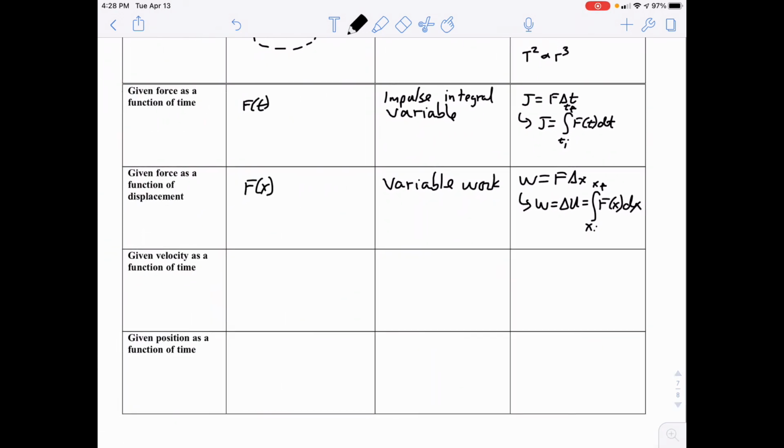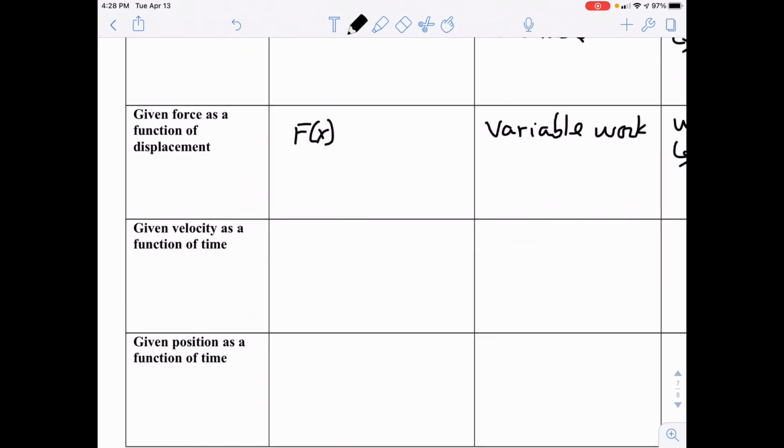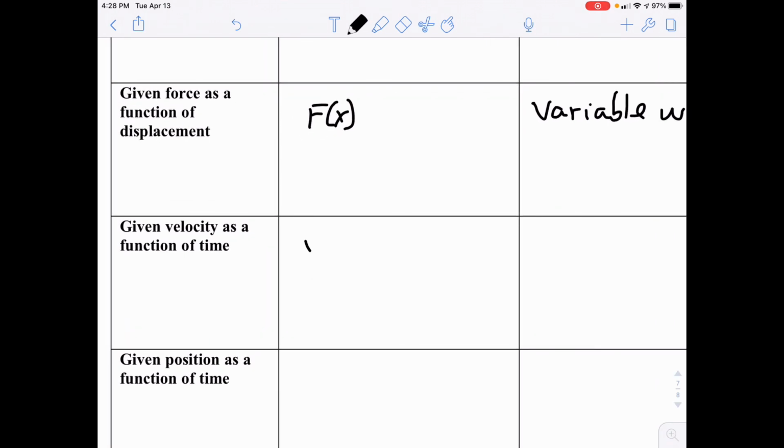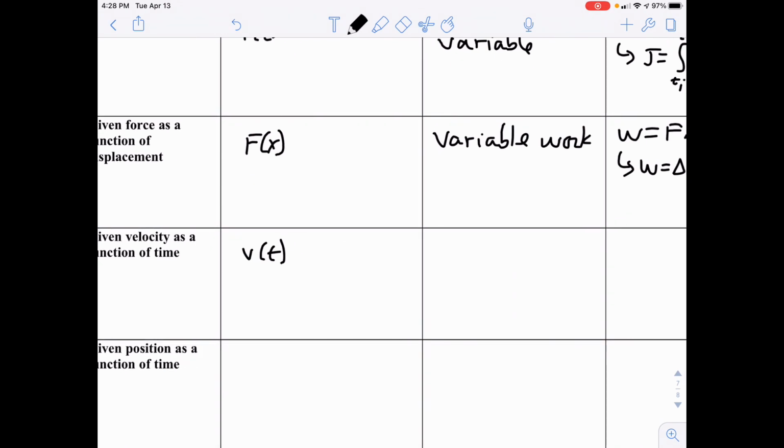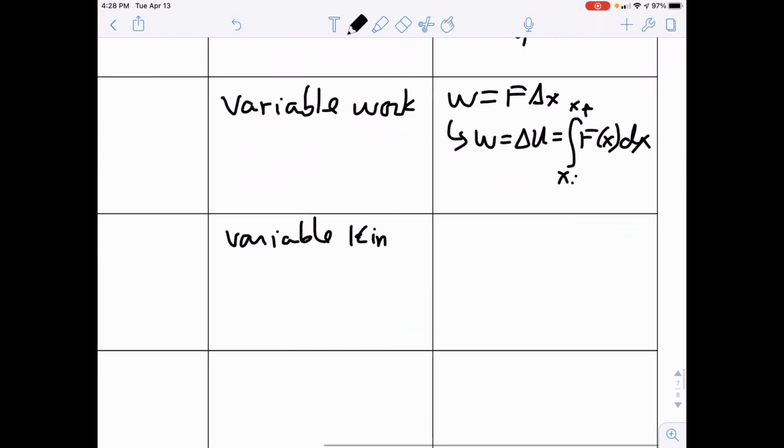And if we're given velocity as a function of time, well, this is a kinematics problem, but it's a variable kinematics problem. Variable kinematics works off of the idea that you have to use either differential or integral calculus.